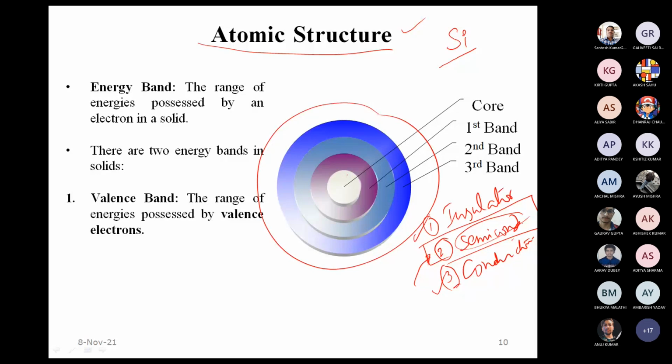These energy bands are nothing but where the electrons, we know, prefer to stay in some regions around the nucleus, around the core, or around the center. So we have two energy bands actually: one is called the valence band and another is called the conduction band.